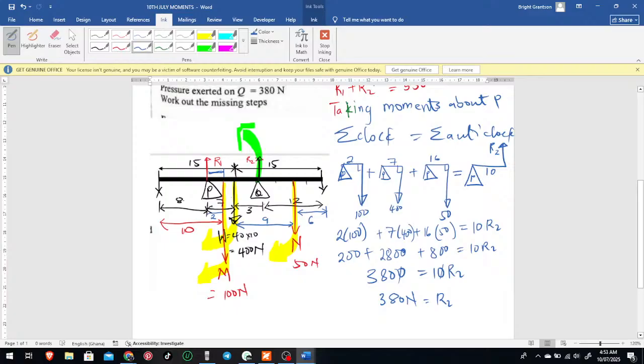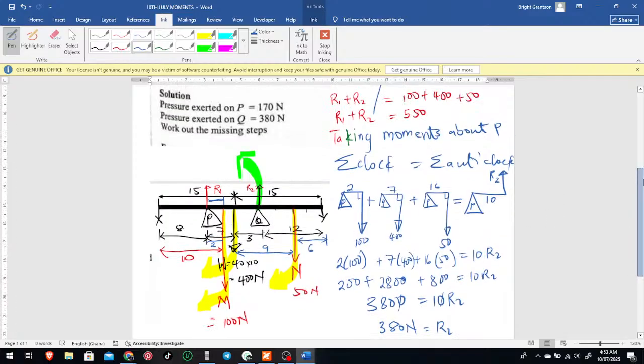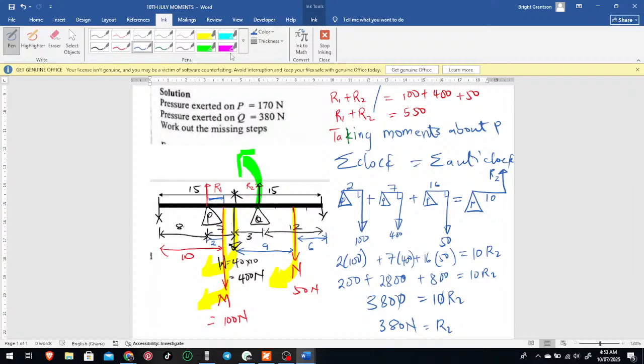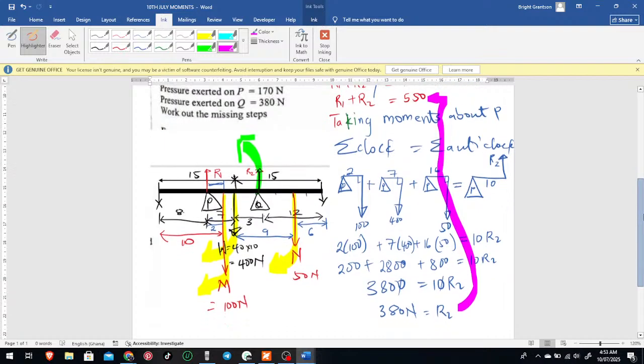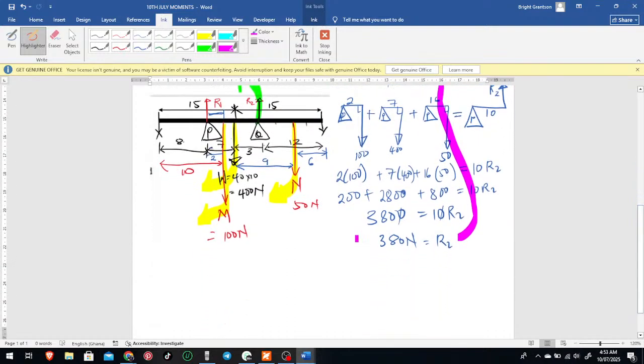So you just put this into equation 1. R1 is 550 minus 380. You get 170.